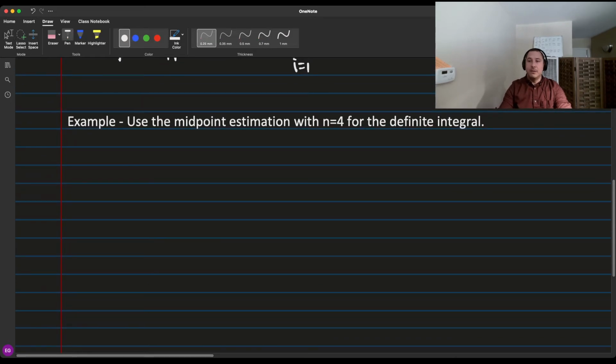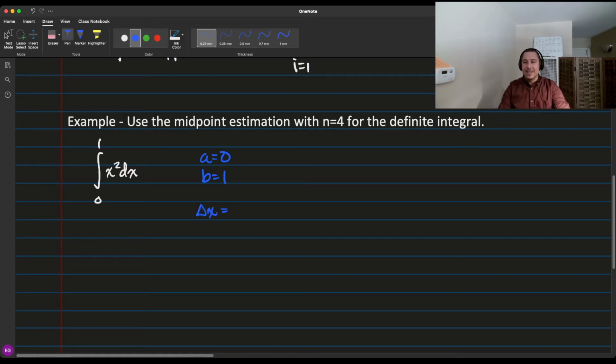Then my definite integral is going to be the integral from 0 to 1 of x squared dx. So we're starting off with some really easy examples, right? My a equals 0, my b equals 1, which means my delta x is going to be equal to (b minus a) over n, which is (1 minus 0) over 4. You get 1/4. Okay, cool. Delta x is 1/4. Easy. Not that hard.